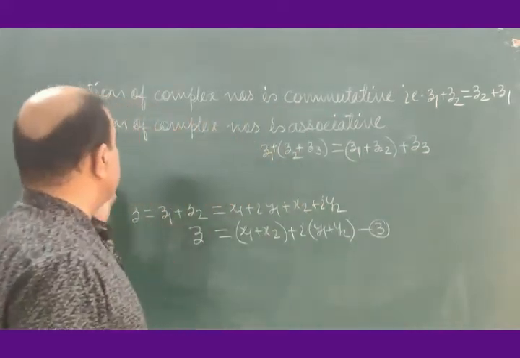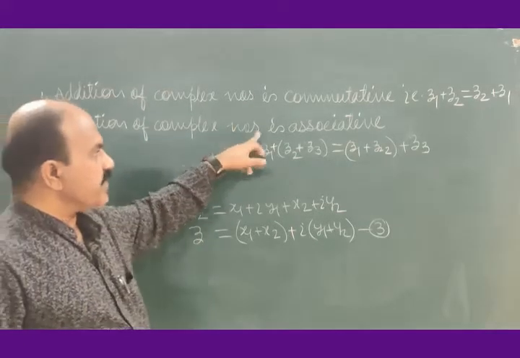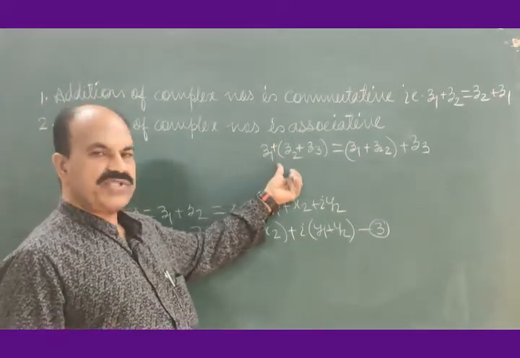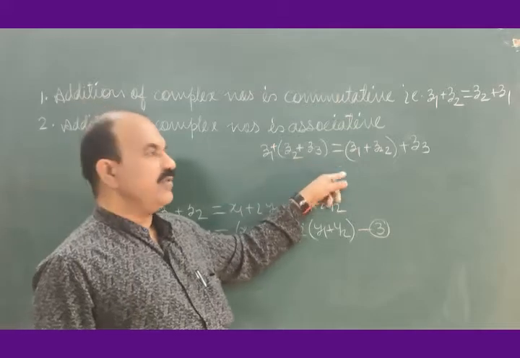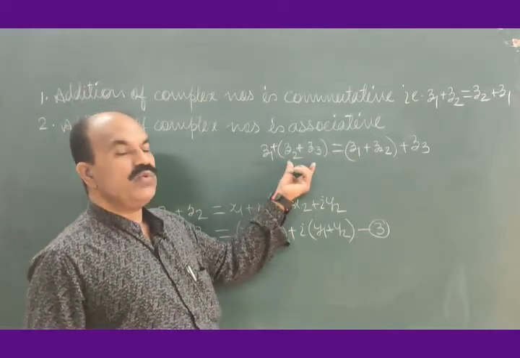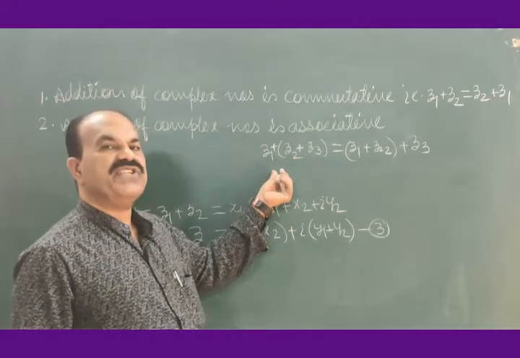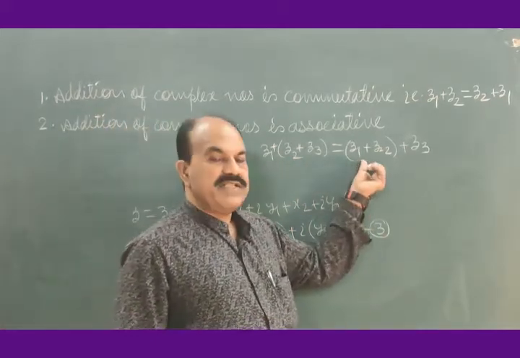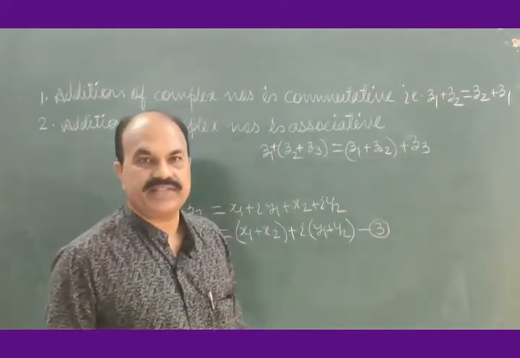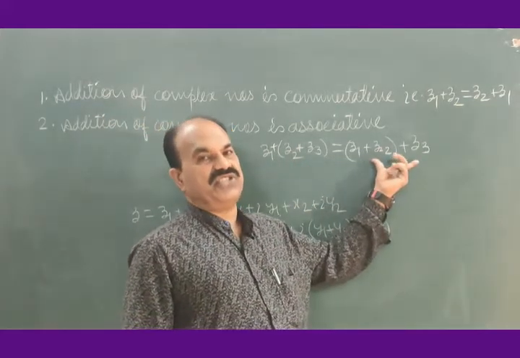Second property of addition of complex numbers. Addition of complex numbers is associative. Z1 plus Z2 plus Z3, that is, Z1 plus (Z2 plus Z3) is equal to (Z1 plus Z2) plus Z3. Meaning that Z2 plus Z3 are first added, and in this addition Z1 is added. Then Z1 plus Z2 first added, and in this addition Z3 is added. This result will be same as this result.